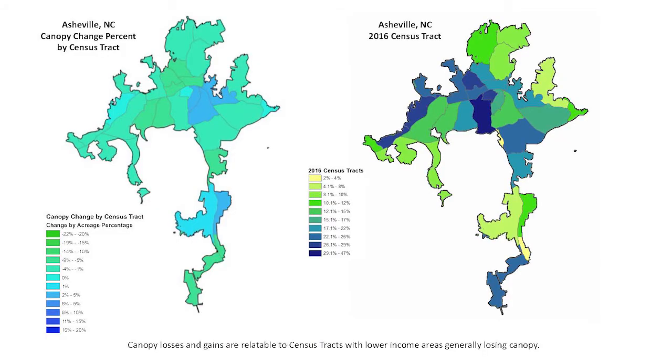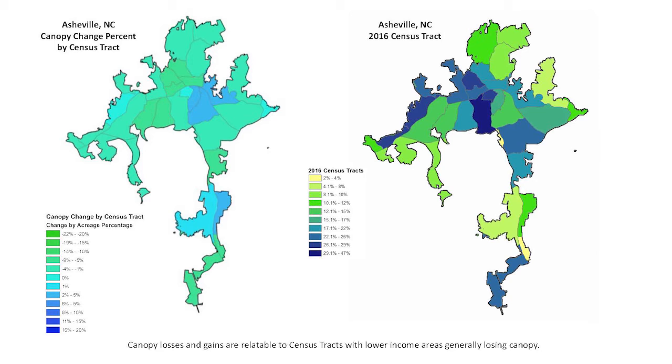We were also looking at canopy by Census Tract, and on the right, we can see the canopy change by Census Tract. The census tracts that gained the most canopy are in blue, and those that lost the most canopy are in green. And on this side, you can see the census data from 2016.